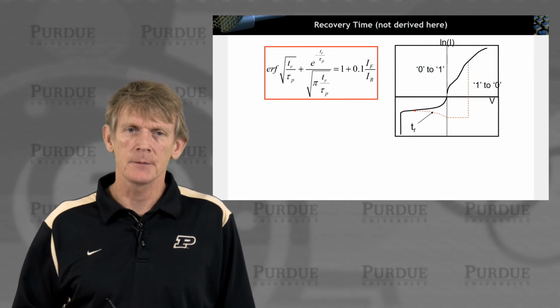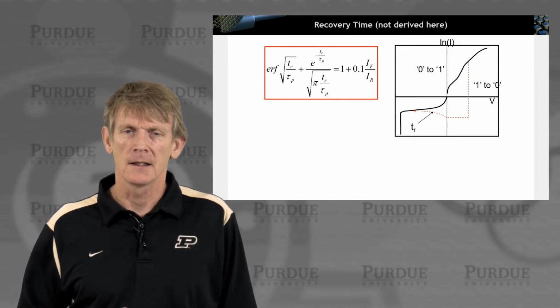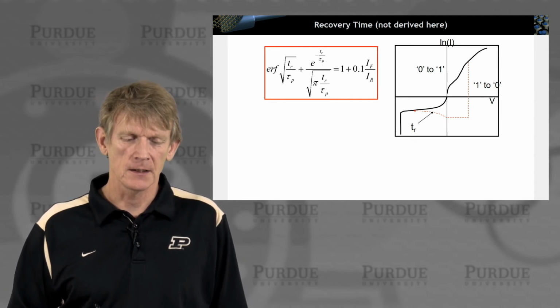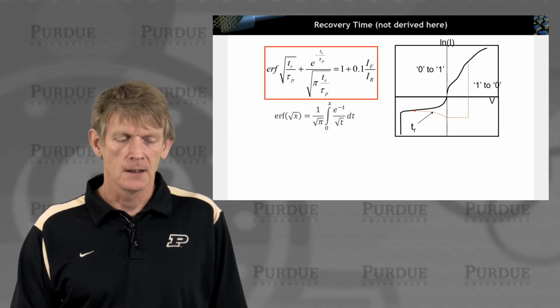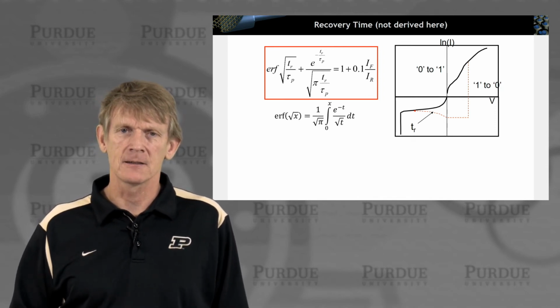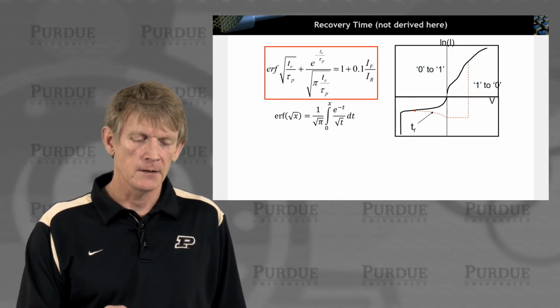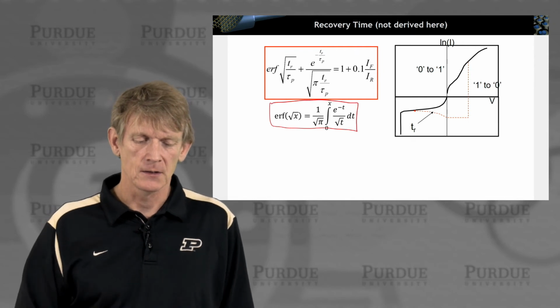So for the recovery time, the calculation is significantly more complicated, and I'm not going to show that in this course. The final result is given here with an error function. An error function looks like this. And you might recognize that the error function as a square root looks like this.